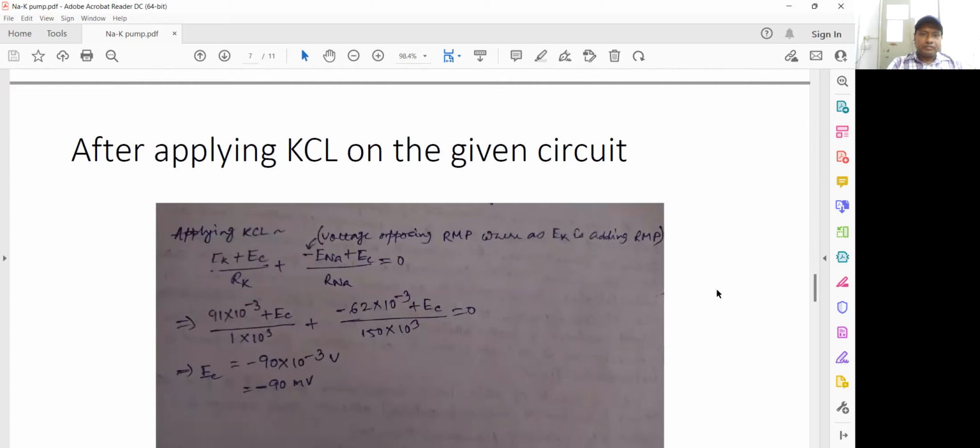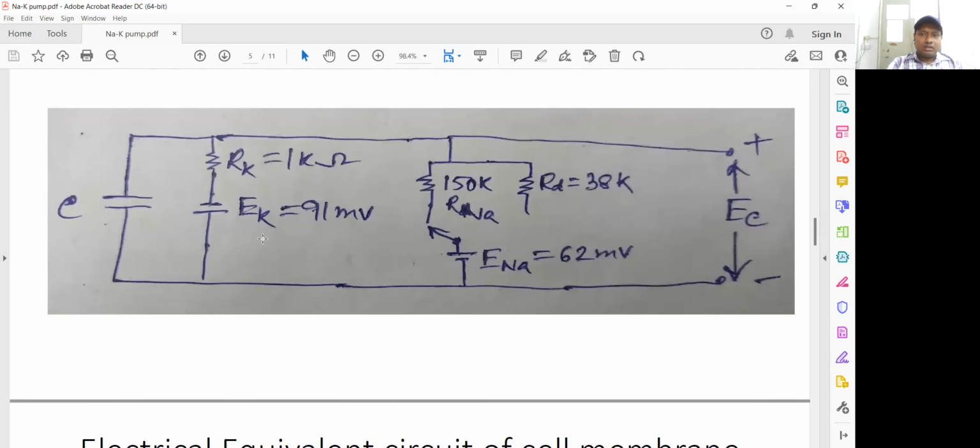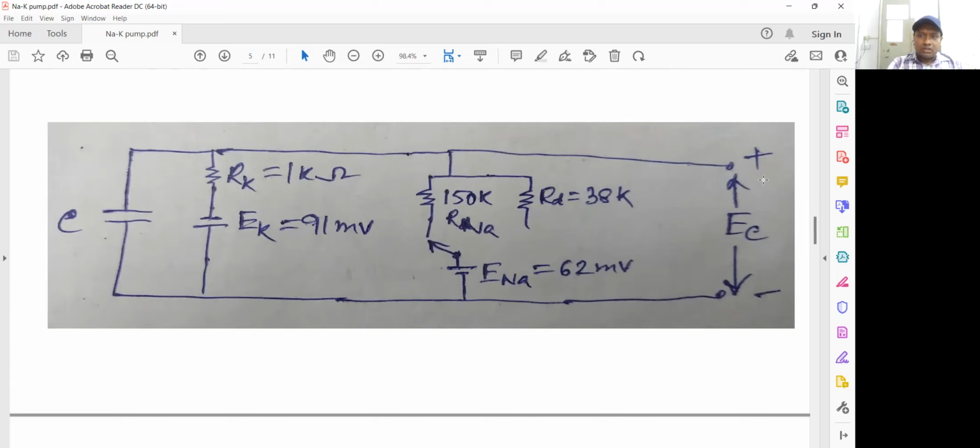We get EK plus EC divided by RK, plus, this will be minus of ENA, as the polarity is positive on this side and negative on the other for this power source, which is in the opposite direction of the applied EC.